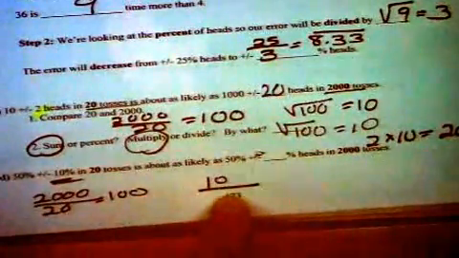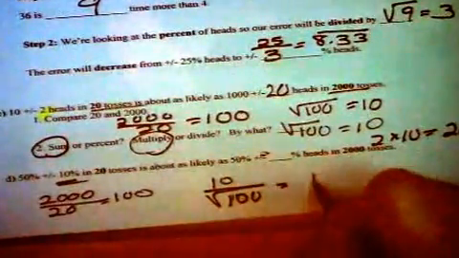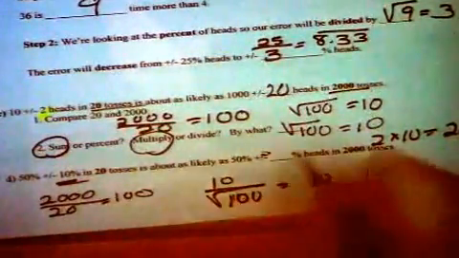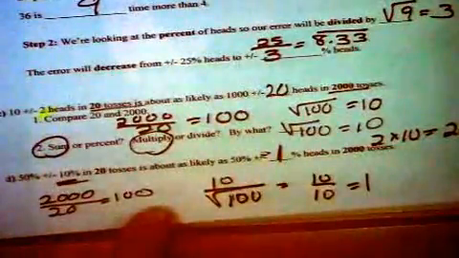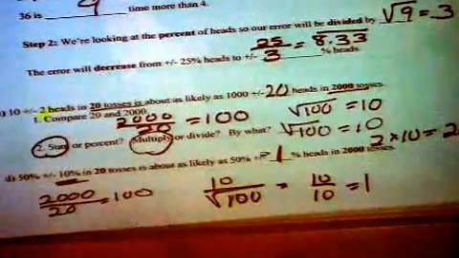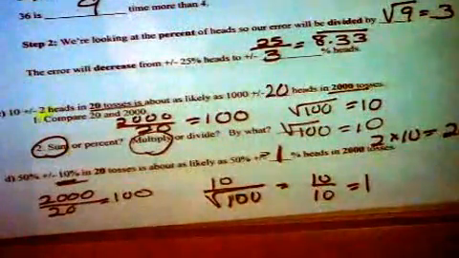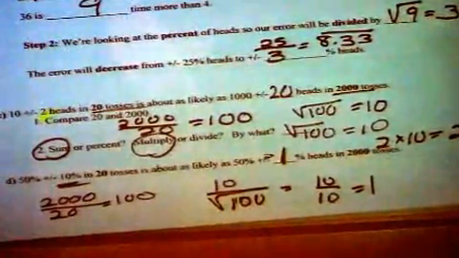No, what do I want to divide it by? The square root of 100. So I get 1 here. Do you see it's 100 times more tosses. 100 times more tosses doesn't mean 100 times less error, it means 10 times. So is there any other ones? That's pretty much it.